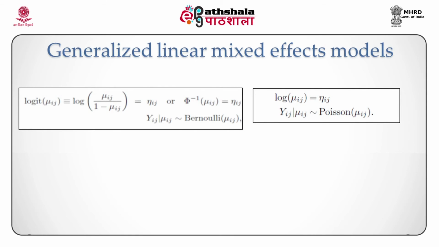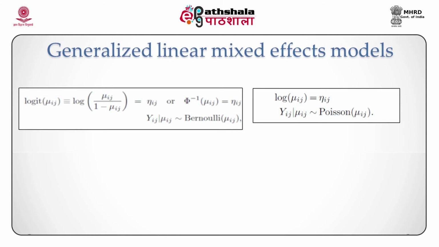Our assumption here is that y_ij given mu_ij follows the Bernoulli distribution with mean mu_ij. We can have the corresponding model for counts. So here log of mu_ij is equal to eta_ij, where y_ij given mu_ij is assumed to follow Poisson with mean mu_ij. Now eta_ij in either case is given by x_ij prime beta plus z_ij prime b_i.